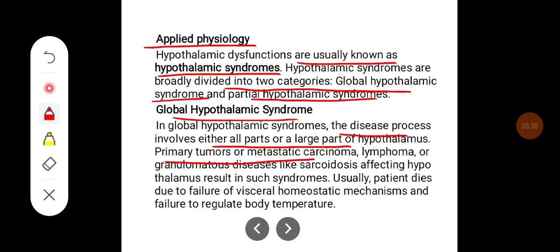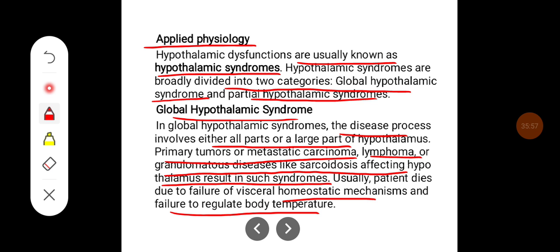Primary tumors or metastatic carcinoma, lymphoma, or a granulomatous disease like sarcoidosis affecting the hypothalamus results in such syndromes. Usually, the patient dies due to the failure of visceral homeostatic mechanism and failure to regulate body temperature.